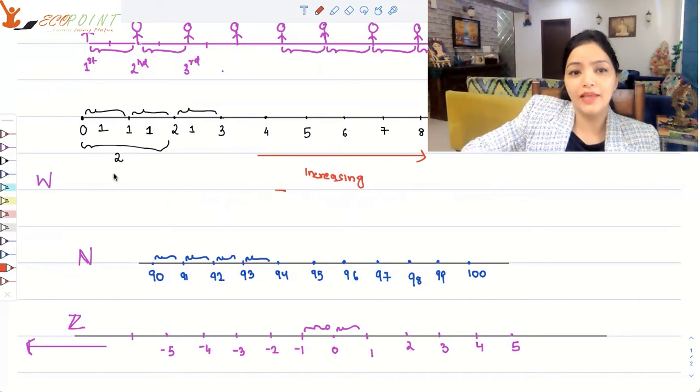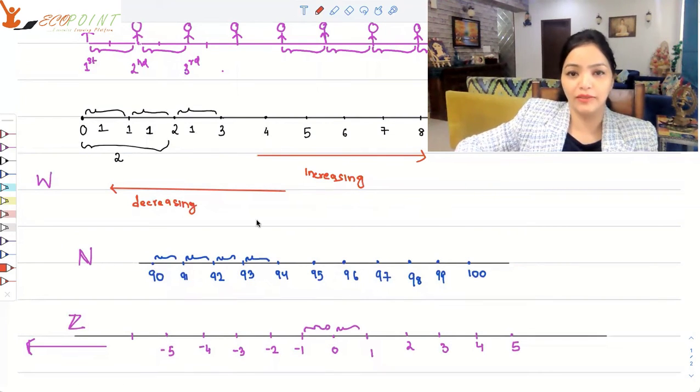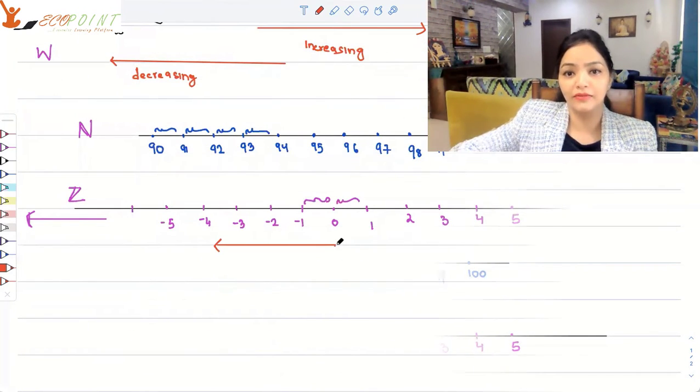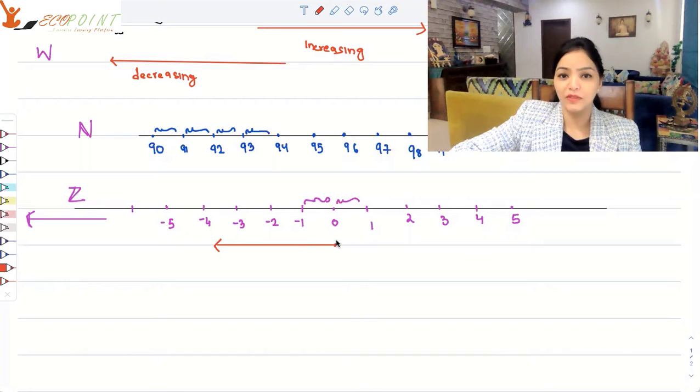Towards the left, the numbers would be decreasing, be it this number line or this one. It's very easy to see in integers, especially.